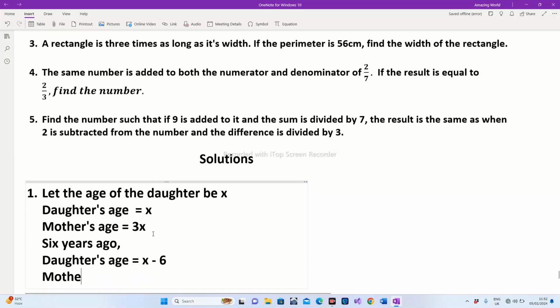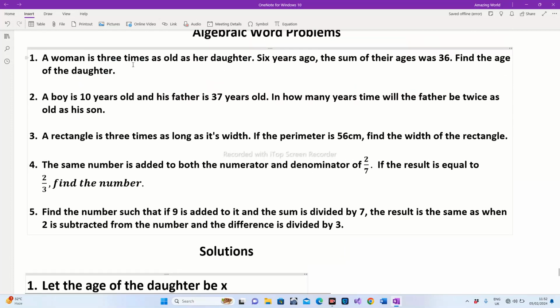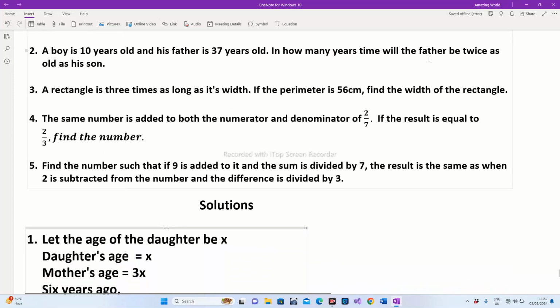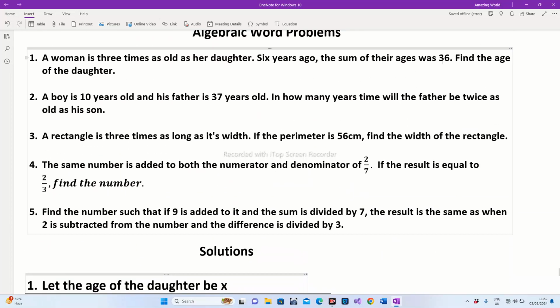So now for the mother's age, just as we've done for the daughter's age, the mother will be 3x. Remember, the mother is 3 times as old as the daughter. That will be 3x minus 6. I hope that is very well explainable. And now that we have this, we have really solved the problem. The woman is 3 times as old as her daughter. 6 years ago, the sum of their ages was 36. So let us find the age of the daughter if the sum of their age 6 years ago was 36.